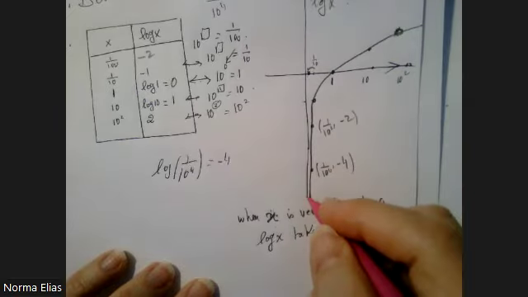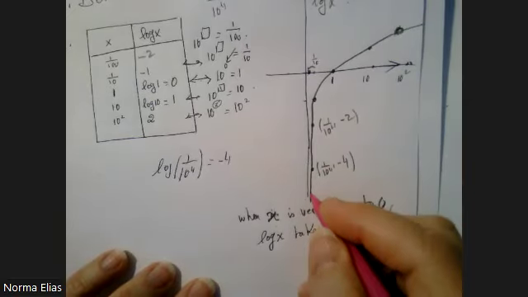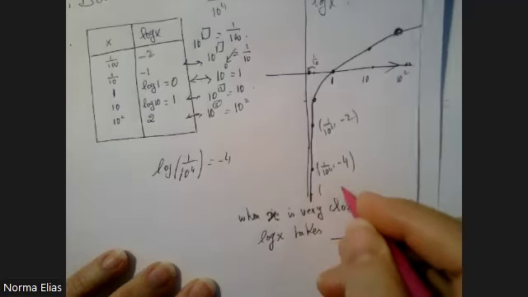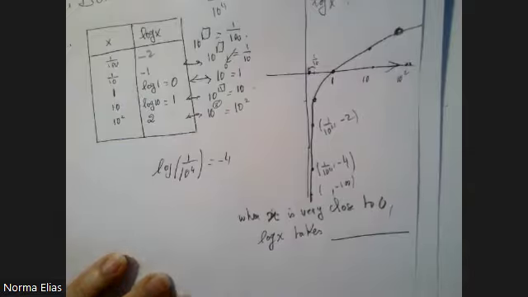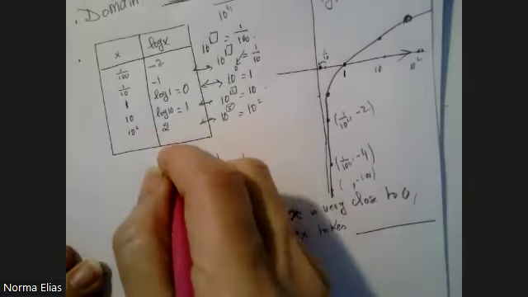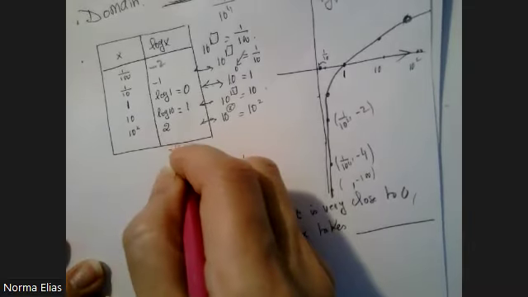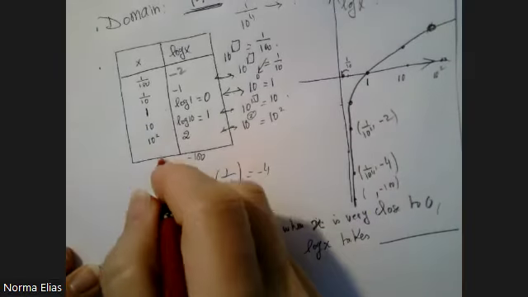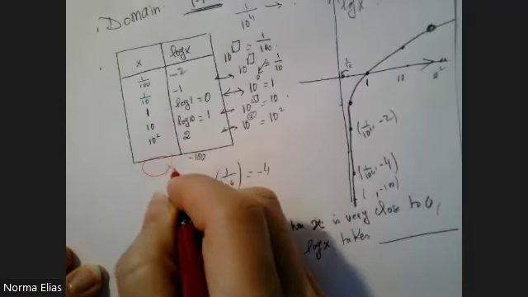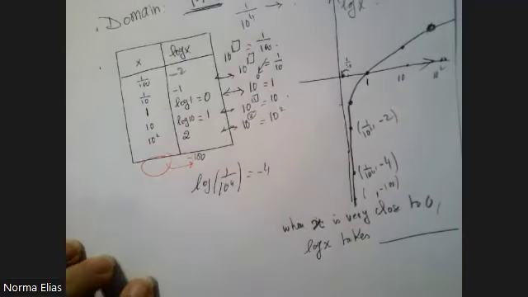Okay, let me ask you the following question. Will the log ever take the value minus 100? Is there an input? Suppose here I put minus 100, right there. Can you give me an input so the output is minus 100?